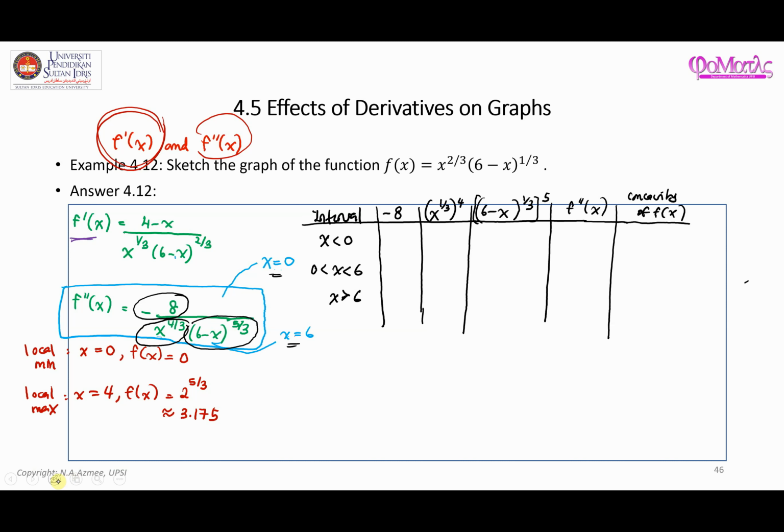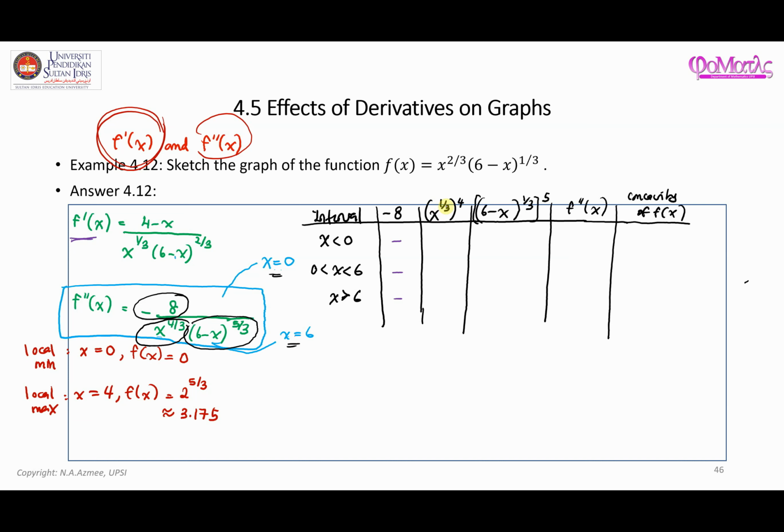Okay, next, let's get on with it. When x is less than 0, it doesn't matter what value of x, the sign of -8 is always going to be negative. Now for the x term, when x is less than 0, x is negative.